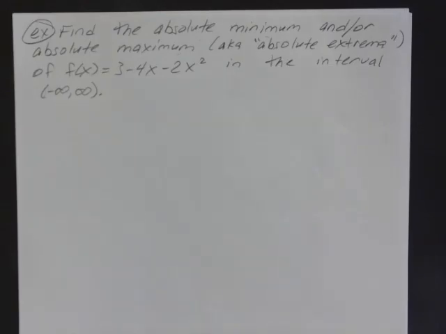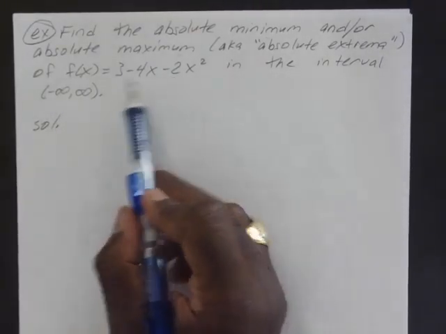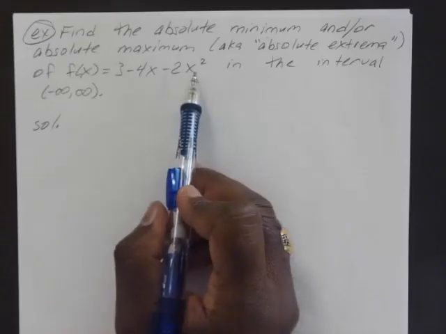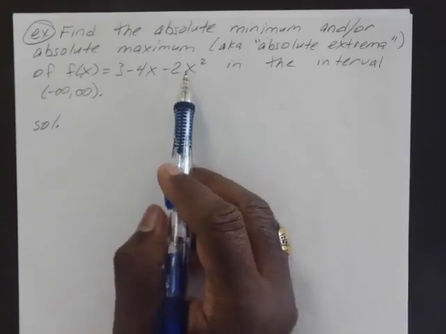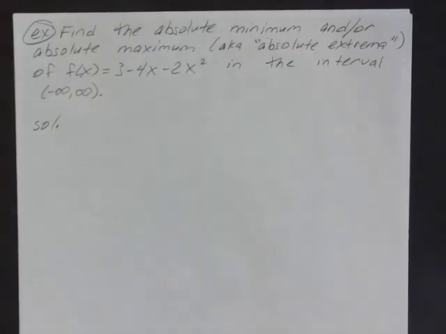Okay. Now with this one, you could just use your calculator to graph this and find out if it's concave up or concave down. But we know it's a quadratic equation because it's x squared, or a degree 2 polynomial.